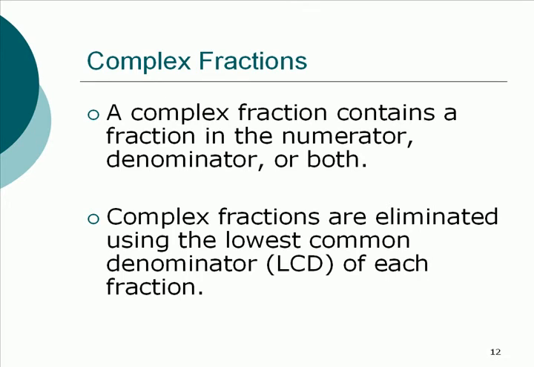Now, there's really two techniques for simplifying complex fractions. The way that's usually easiest is just to find the LCD of all your fractions and multiply the numerator and denominator by that LCD. That'll clear it out and simplify the fraction. It's not the only way, but it's usually the easiest way.